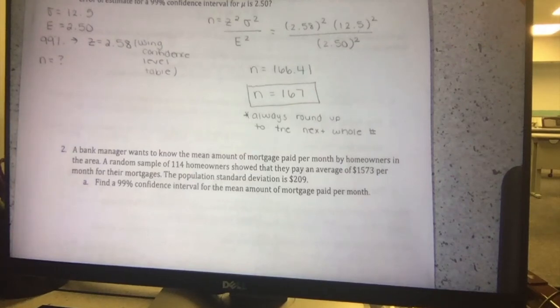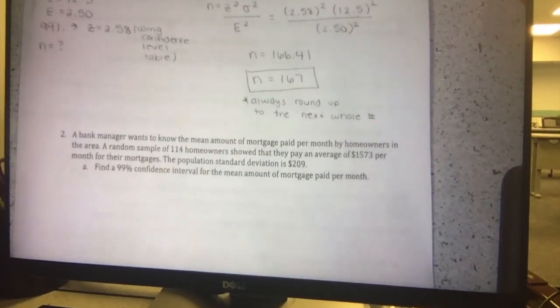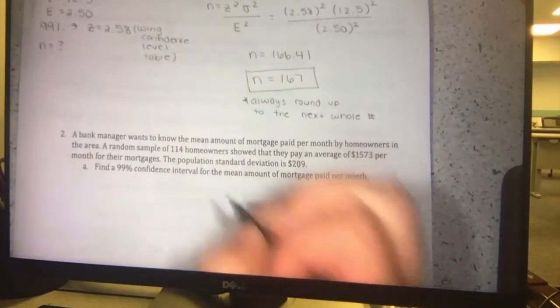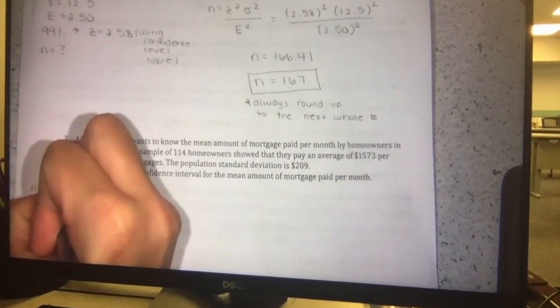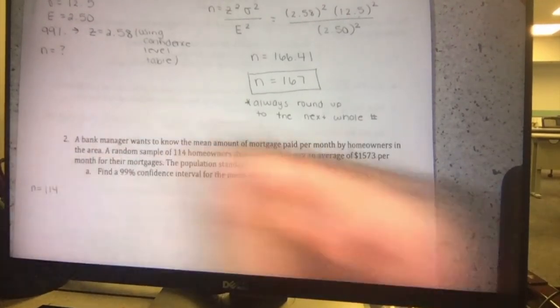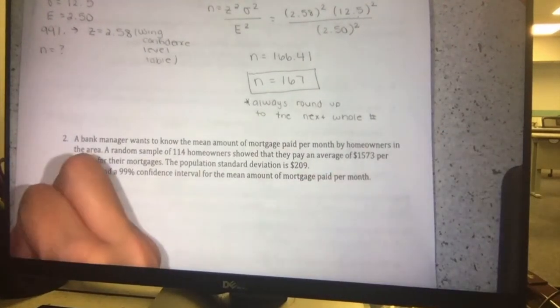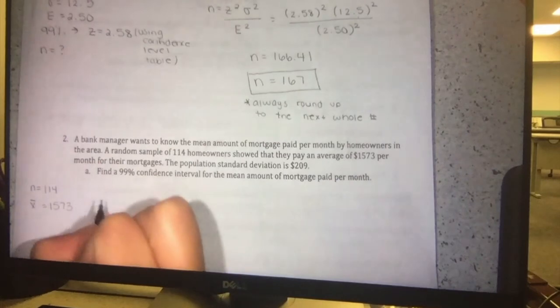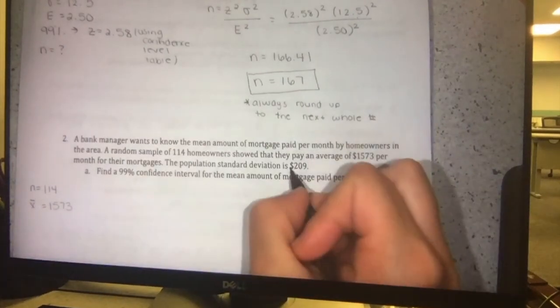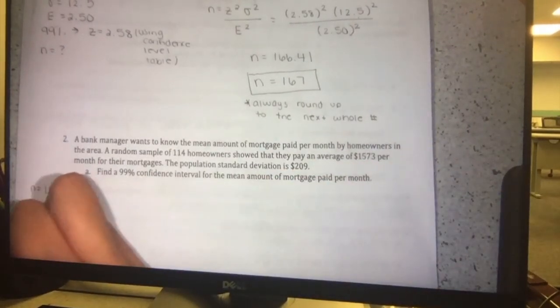Let's put down what all we know first. We know it's 114 homeowners, so n equals 114. The mean, the average, is our x bar, which is 1573. The standard deviation is 209.